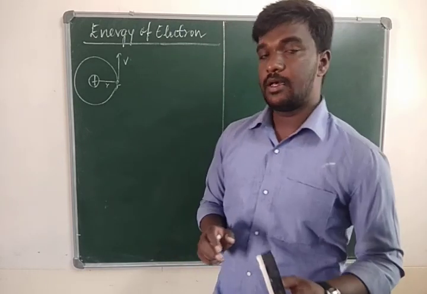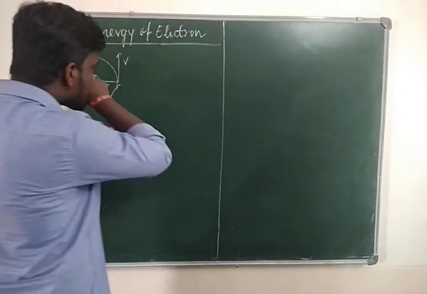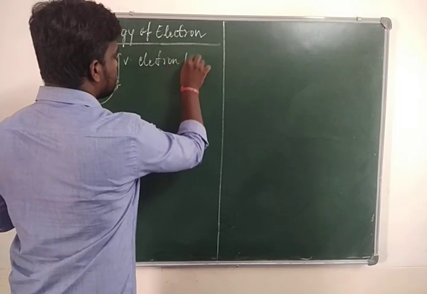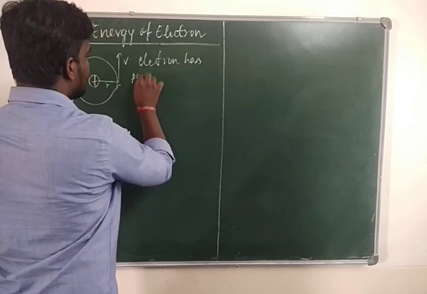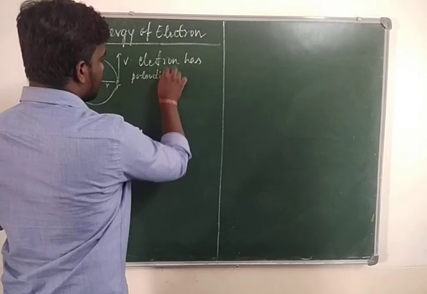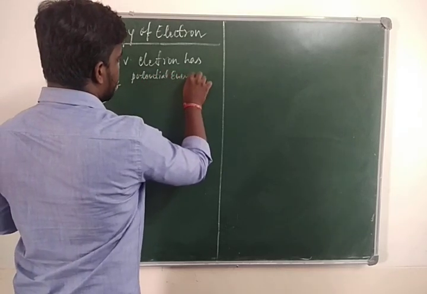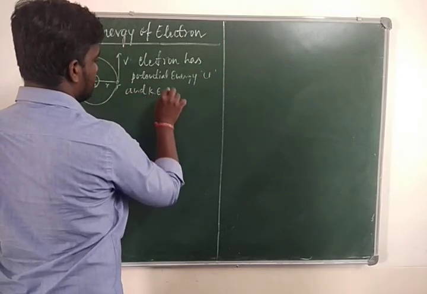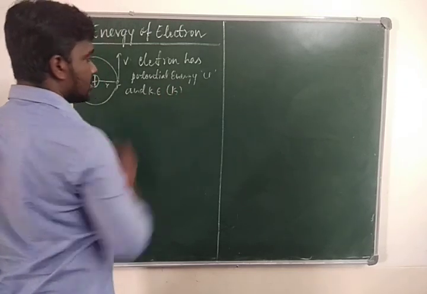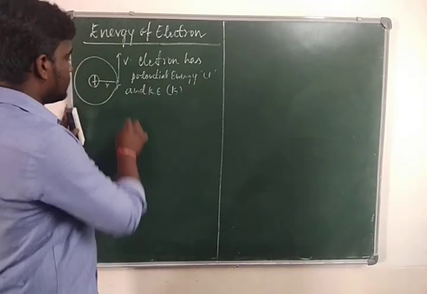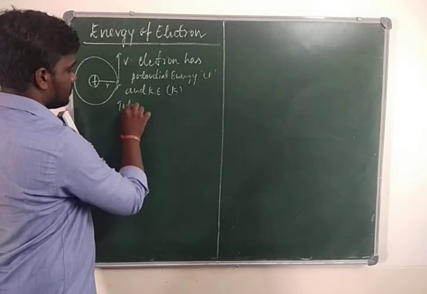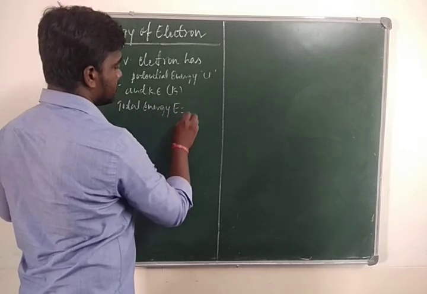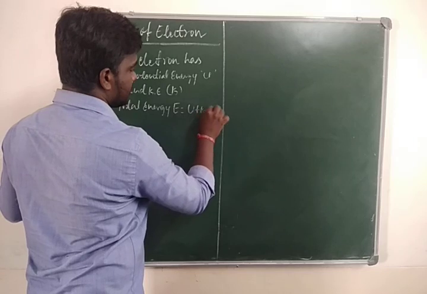Okay, so here the electron has potential energy U and kinetic energy K. So the total energy E equals U plus K, equation 1.